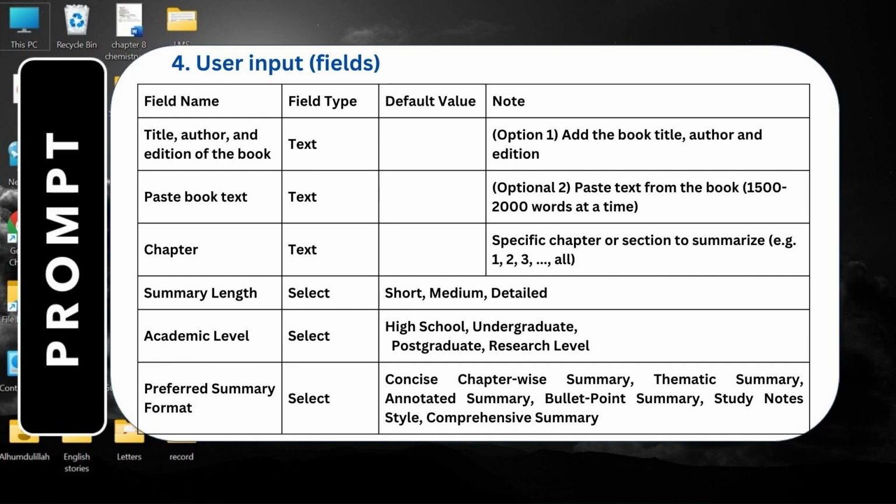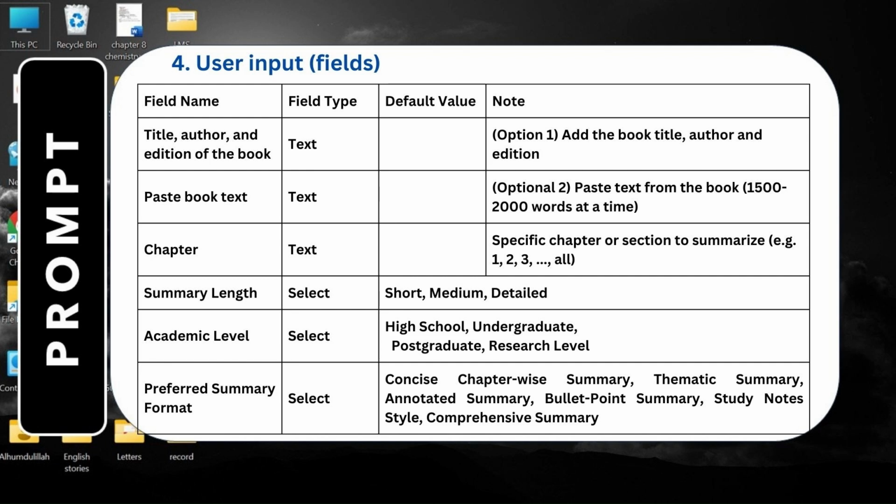Whether the user demands concise chapter-wise summary, thematic summary, annotated summary, bullet point summary, study note style summary, or comprehensive summary. This is upon the user to select between these fields, and the output will be based on these specific fields.